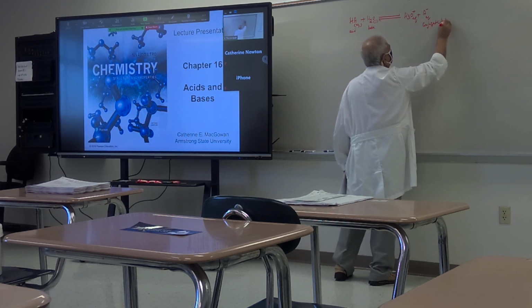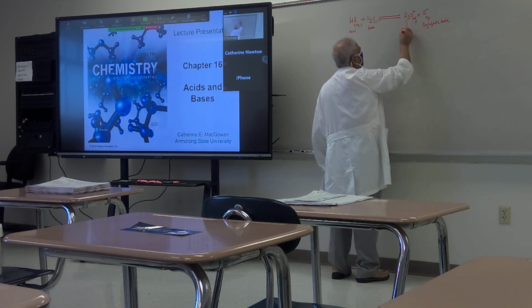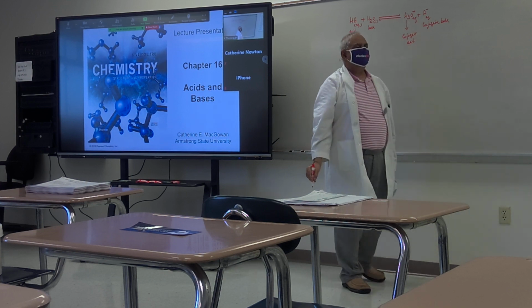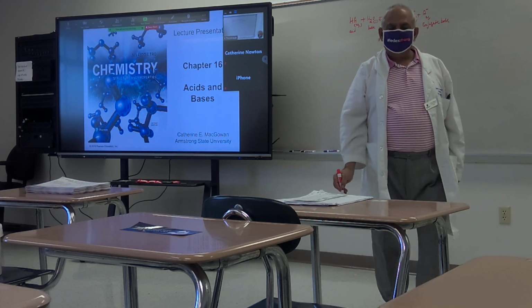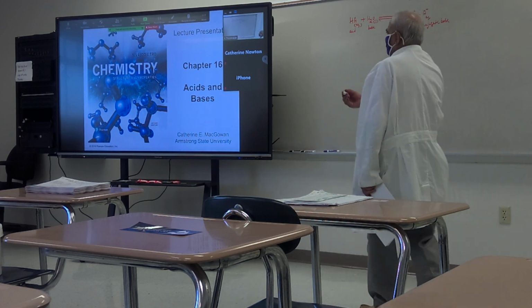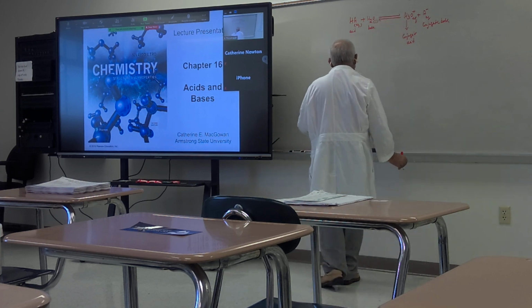Conjugate base. And this you are going to call what? Conjugate acid. Conjugate acid-base pairs always differ by a single proton. Okay. And if you just listen to the lecture, you will understand that.